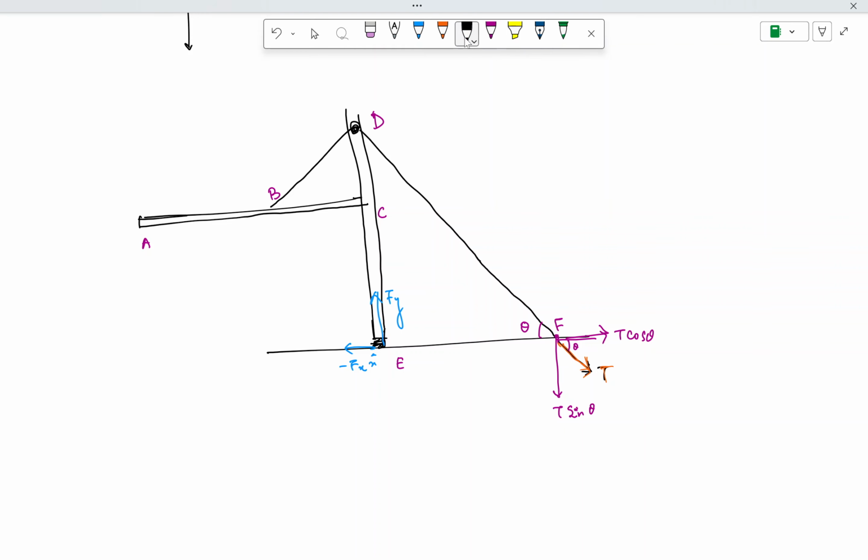Now, once you have this, you know there are four forces acting. In this case, all are separated by 1.8 meter. This is 1.8, another 1.8, and this is again 1.2. All forces are 20 kilonewton. This is 20, it's also 20, and this is also 20.